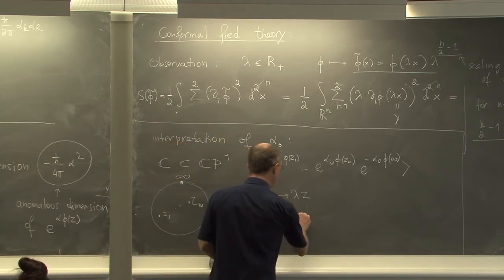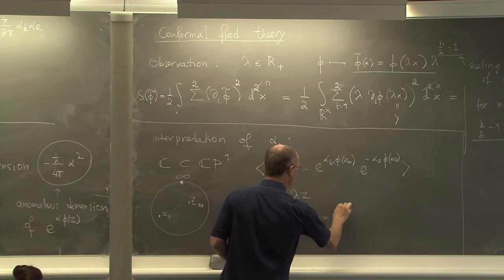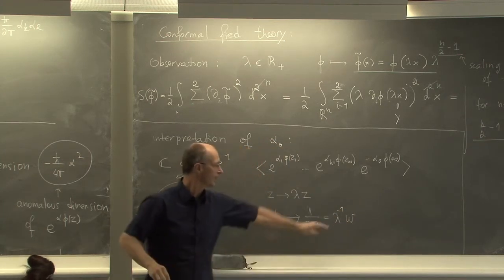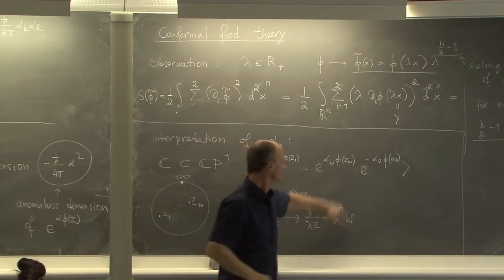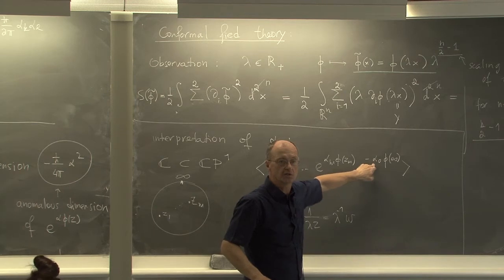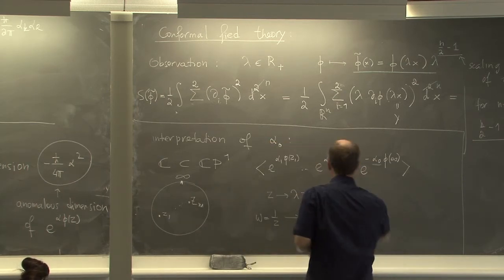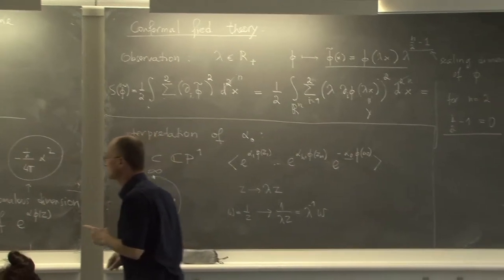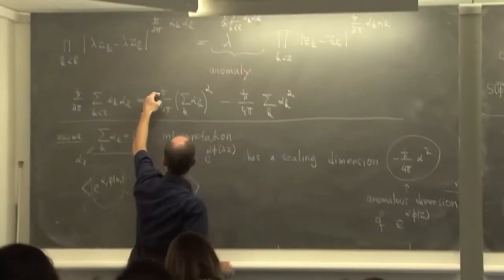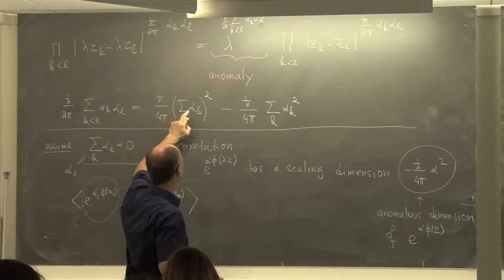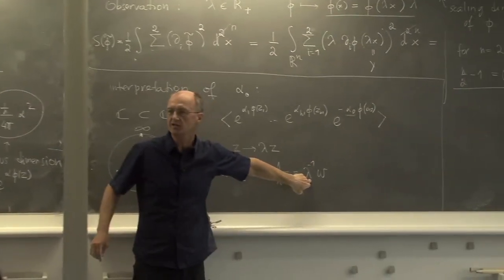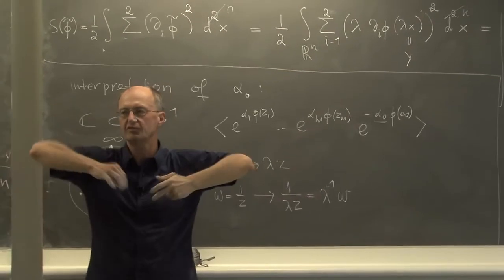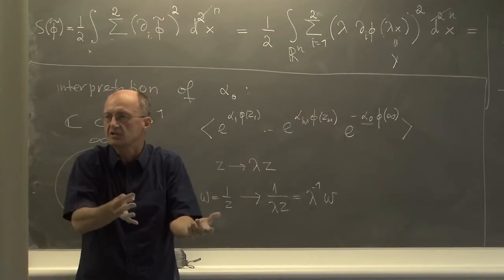So what happens to this variable? It goes to 1 over lambda z, and this is lambda inverse w. It has the opposite scaling, right? So this guy has the exponent alpha 0. Well, we do encounter h over 4 pi alpha 0 square, but there the scaling is the opposite scaling, right? If we're sitting at infinity, if we're expanding, it would be contracting there.